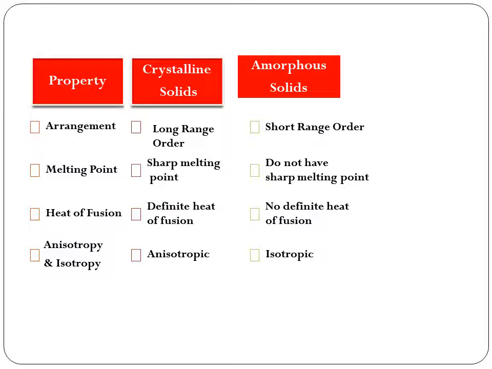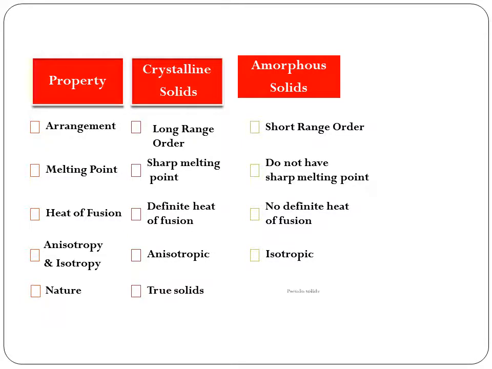So this is called anisotropic property, whereas for amorphous solids, the physical properties measured in any axis or any direction give the same values. That is the meaning of isotropic property. We'll understand this point in the next slide again.